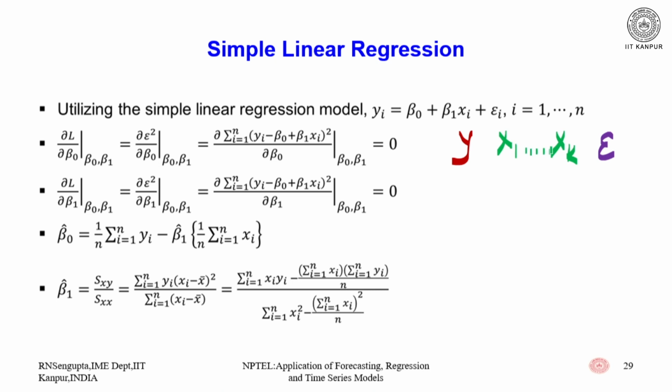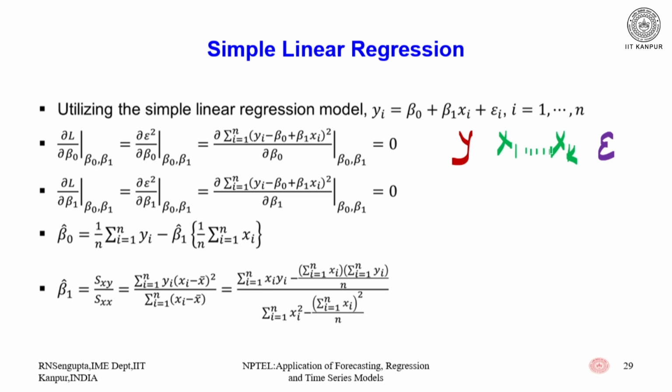There are n readings for x2, and finally n readings for xk, and the error is also n in number, because for each set of x1 to xk, you have y and you have an error. So that may be the first reading.